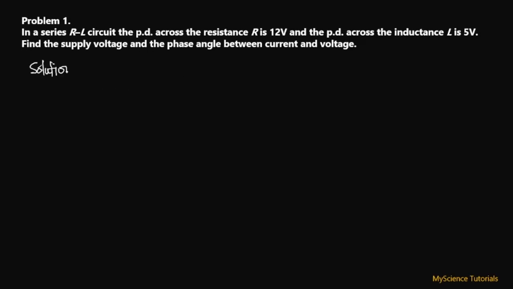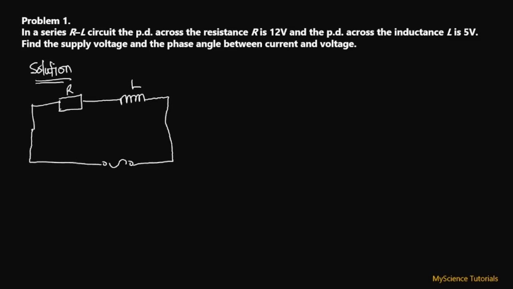For us to enhance our understanding, let me draw this particular circuit. So we have a resistor R over here, and then we have an inductor L over here, and then this is connected to an AC source that has an applied voltage, and this has a current.